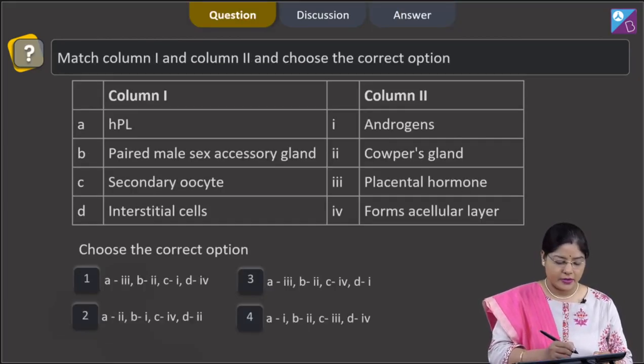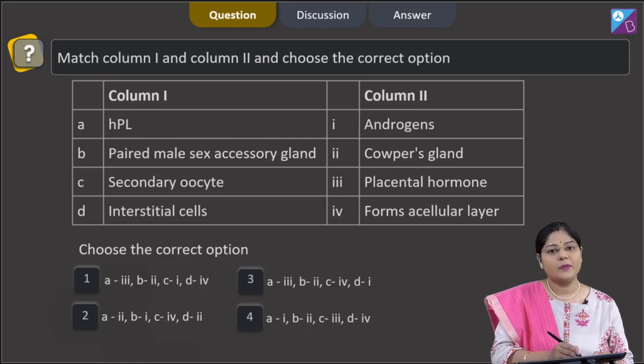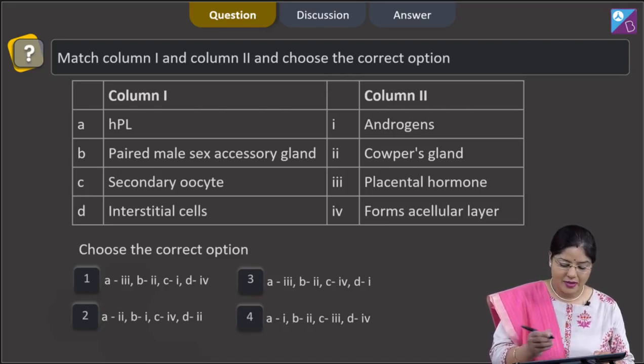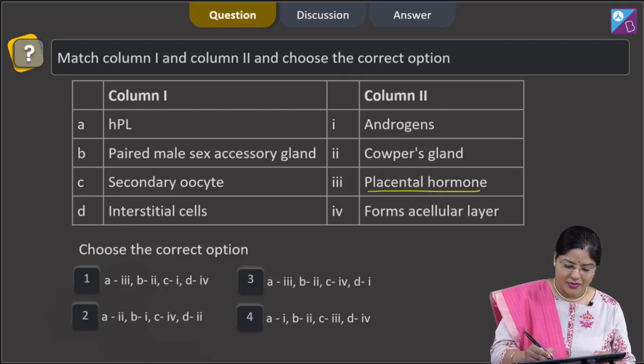Question states that match column 1 and column 2 and choose the correct option. Column 1, HPL. HPL stands for human placental lactogen, and as the name indicates, it is a placental hormone. So, A matches with 3.